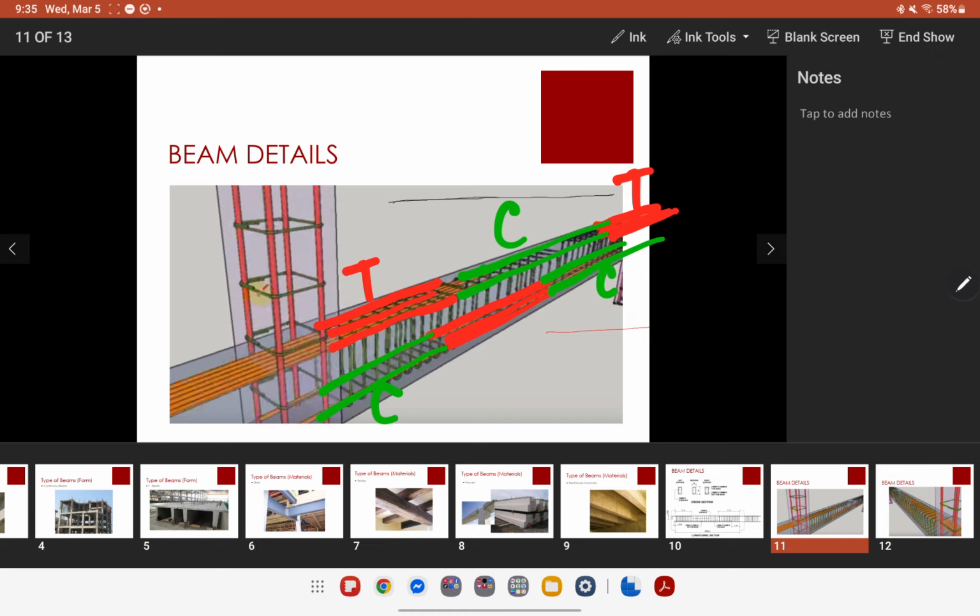So I hope you understand why the arrangement of rebars is way different than that of the column.